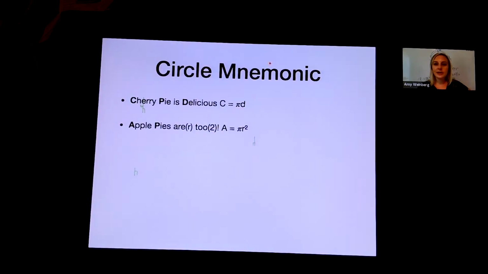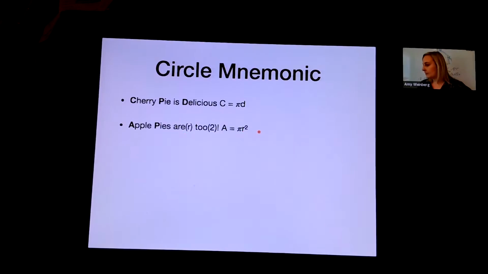Okay, so I told you I had a little saying for circle mnemonics. Cherry pie is delicious, apple pies are too. So cherry pie is delicious will give you the circumference. So C equals pi d. Cherry, circumference, pie is delicious, so pi d. And then apple pies are too. So apple is area, pi again, and then the 2 gives you the r squared.